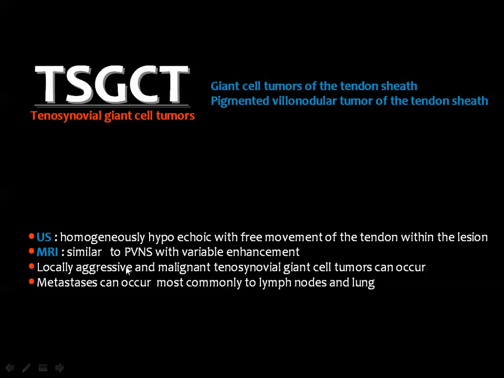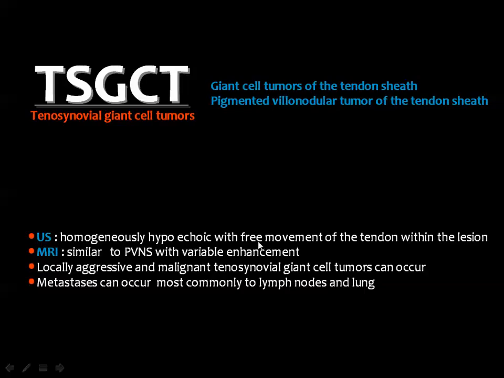An MRI will show findings similar to pigmented villonodular synovitis, which include intermediate signal in T1, dark signal in T2, and some increase in the signal in the STIR images, as I will mention.